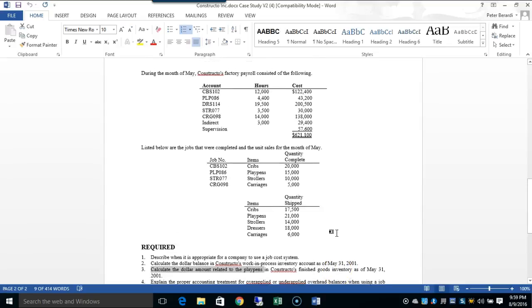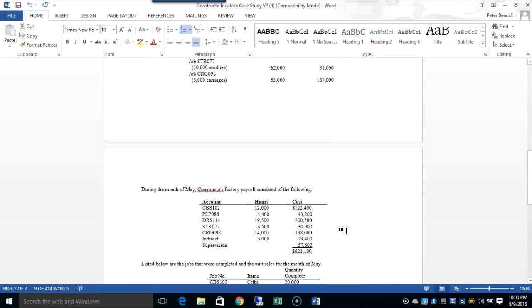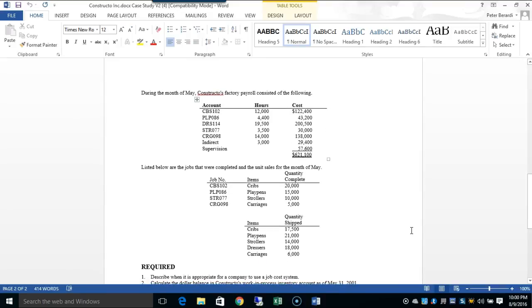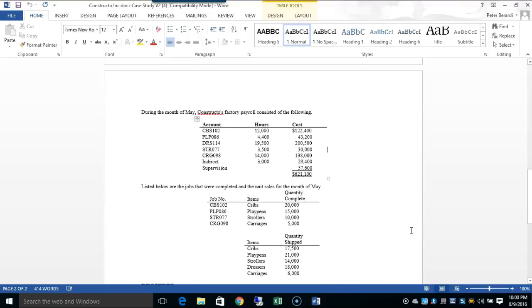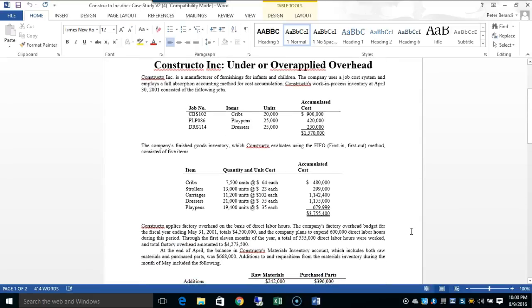So look at the playpens and look at simply how the units flow through your accounts. So your beginning finished goods inventory for playpens is given to you in the problem right here as 19,400 units as a debit.